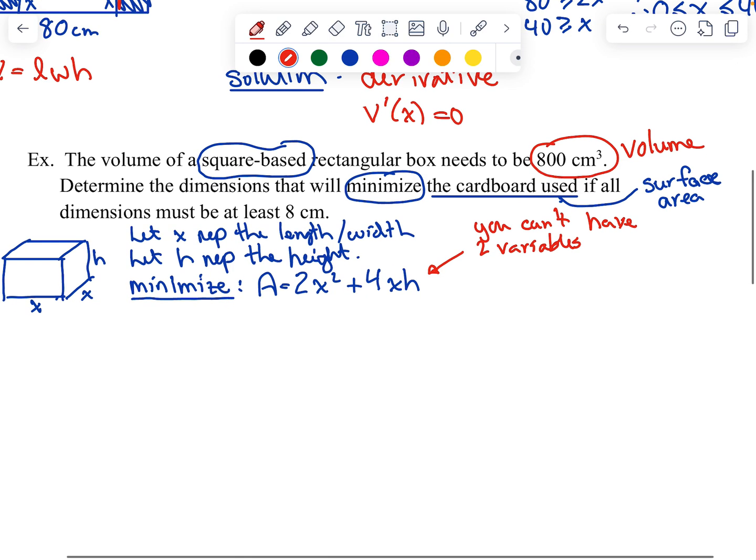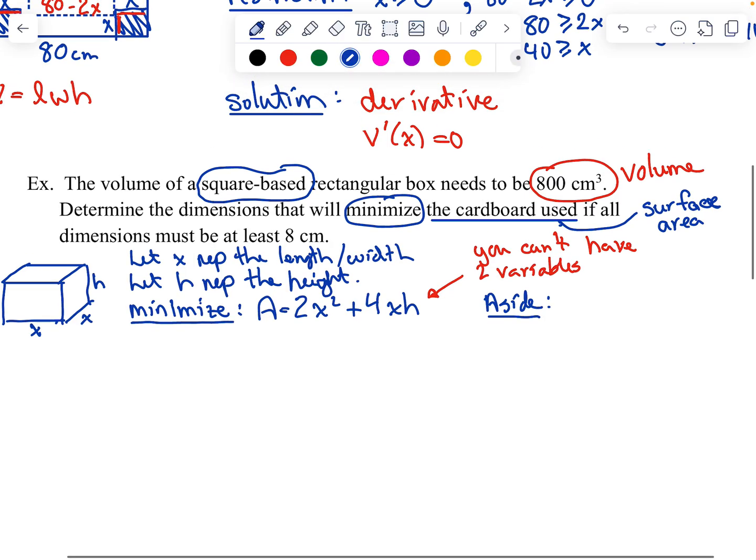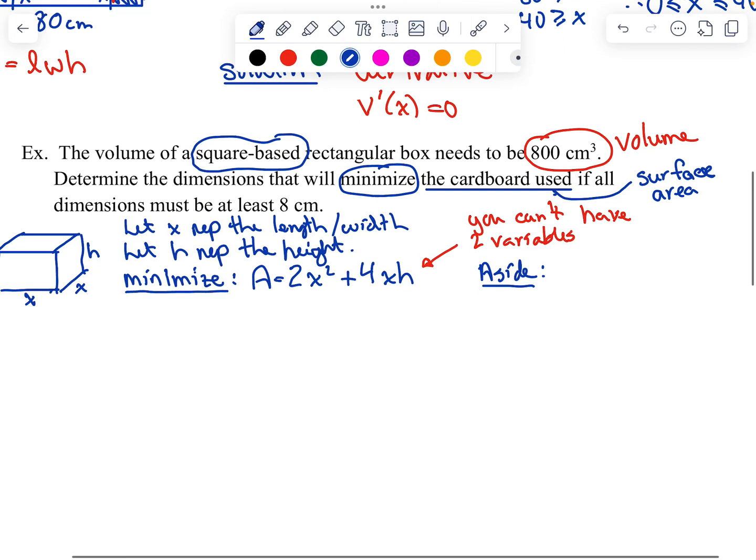To get rid of one, I'm going to say what I need is some sort of relationship between x and h so that I can get rid of one and keep the other by using substitution. If I go back to my problem, there was one extra piece of information, and that was the volume. We knew that the volume in this question was 800 cubic centimeters.